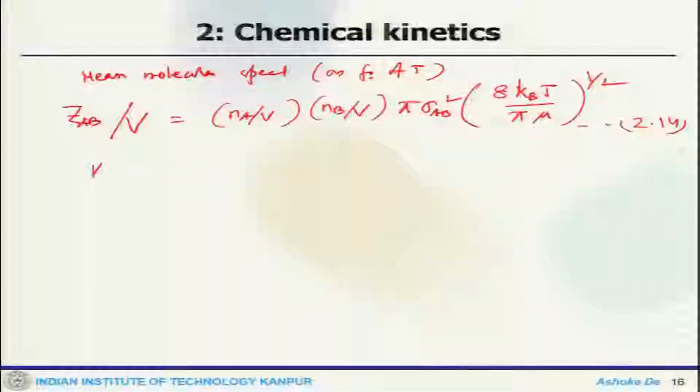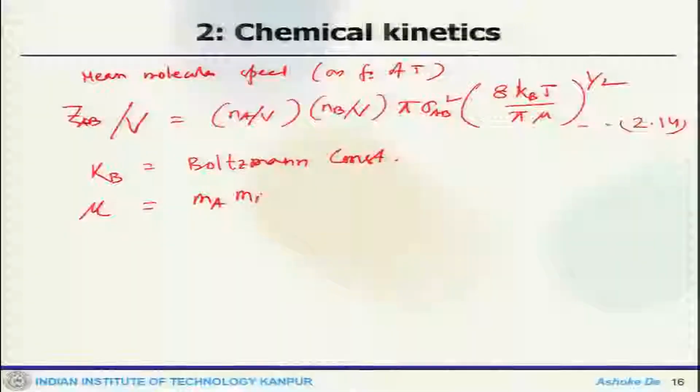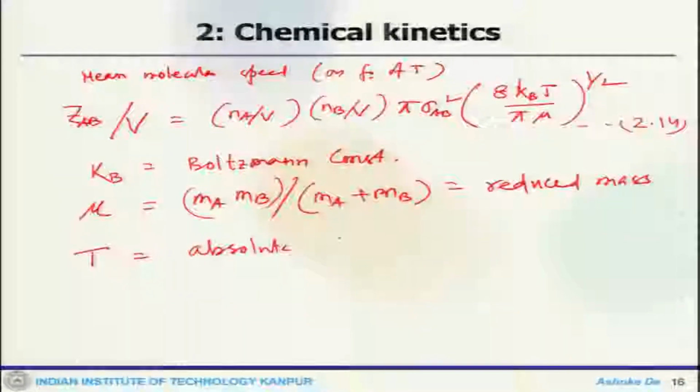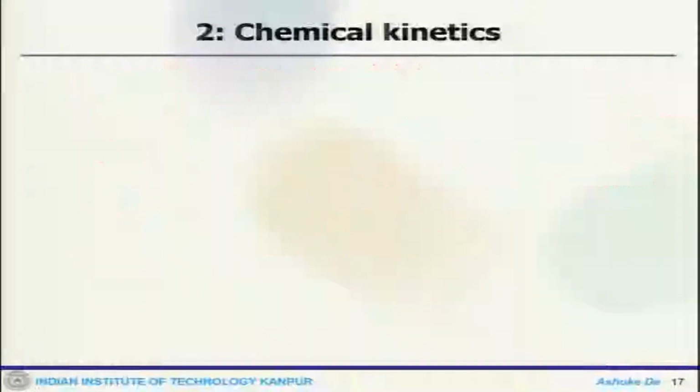So, this kB is the Boltzmann constant, and mu is MA MB by MA plus MB, which is the reduced mass. One can think about it that way, and T is the absolute temperature.